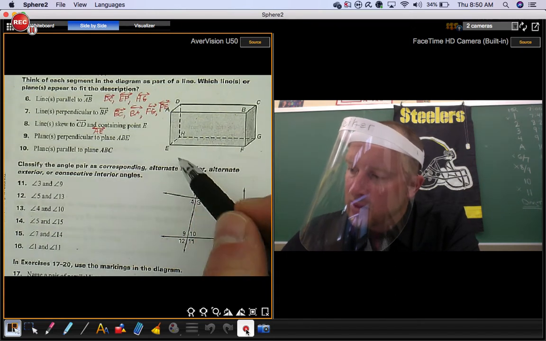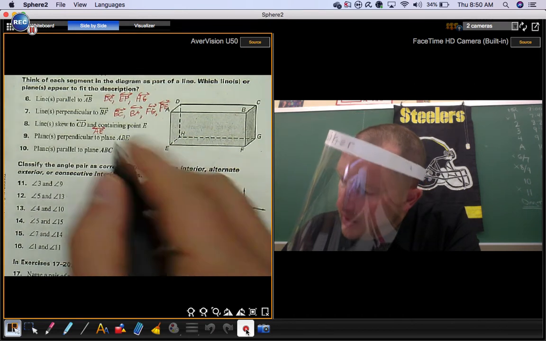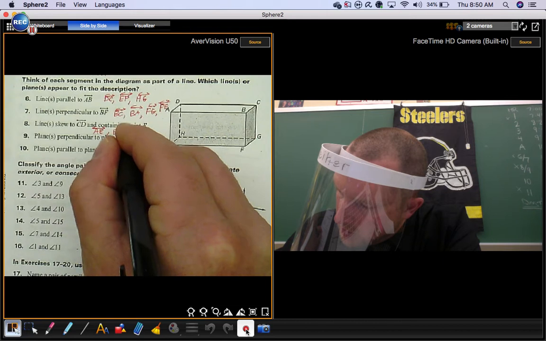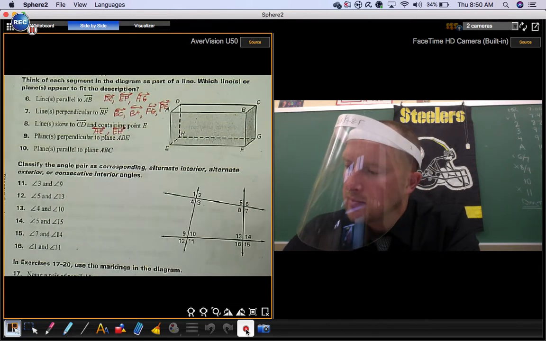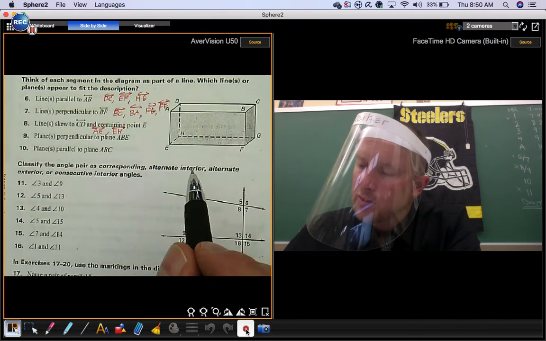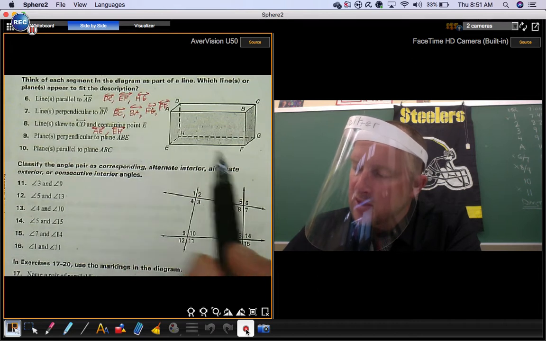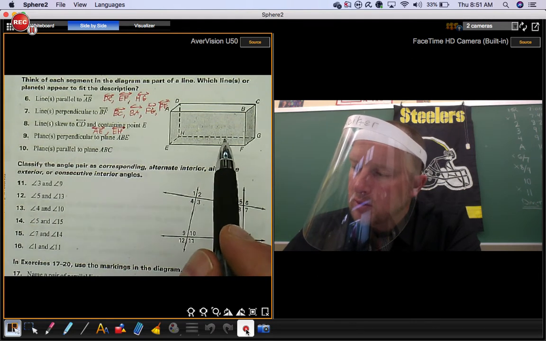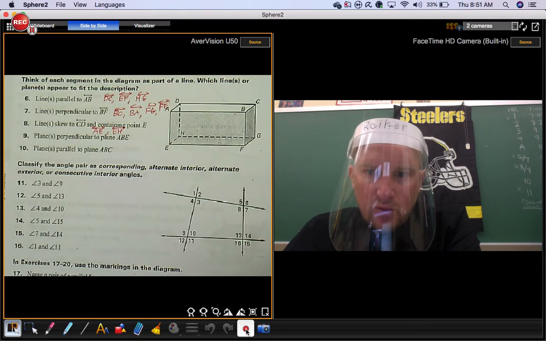And this has point E. This line EH also has E and is also skewed to line CD. But this one that has E is parallel to it. So it's probably good just to see which 3 lines touch that point, and then see which of those is skewed to the one that's given.